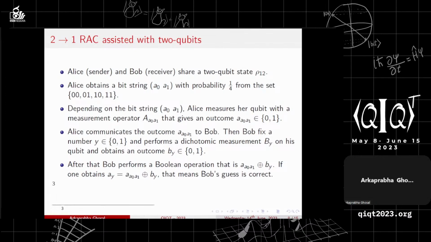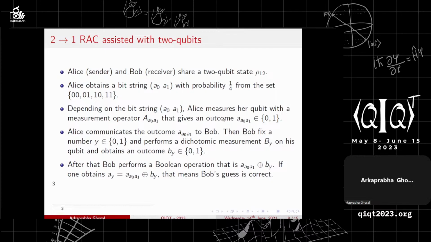Now, since Alice and Bob share a 2-qubit state, Alice will measure her qubit depending on the string given to her. So Alice will perform a measurement with measurement operators A0, A1, where she will obtain some particular outcome that will be either 0 or 1 depending on the bit string.